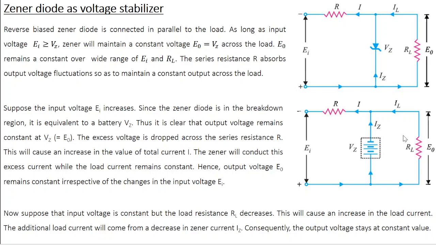So this is how the Zener diode is able to provide a constant voltage across the load resistance irrespective of the changes in the input voltage and the load resistance.